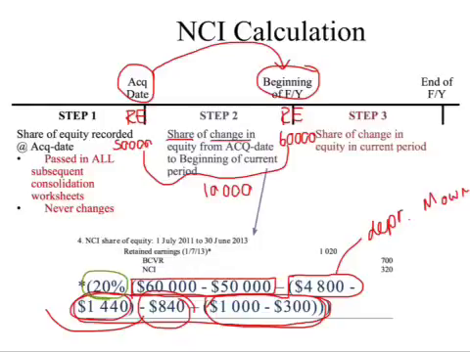So we extract it from the retained earnings and disclose it as NCI. So you can almost split out this entry in two if it makes more sense. So we'll have our debit retained earnings opening balance 1,020, credit NCI 1,020.